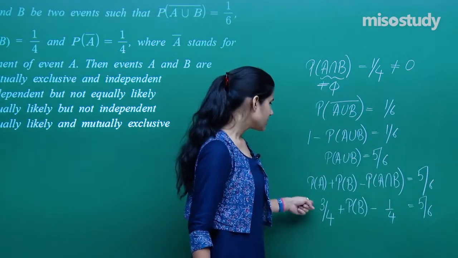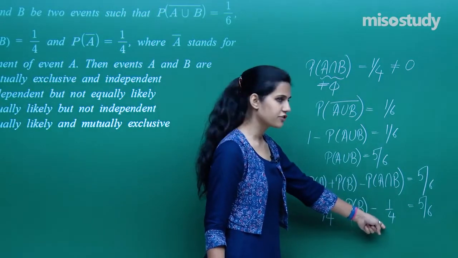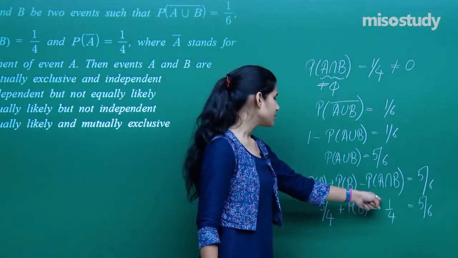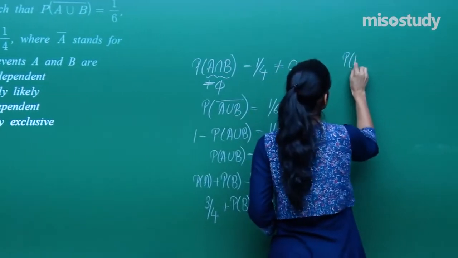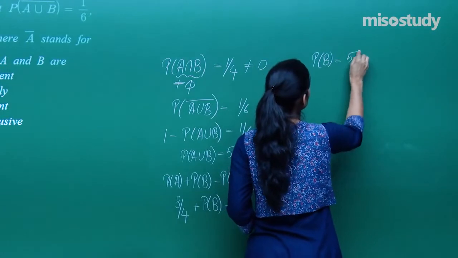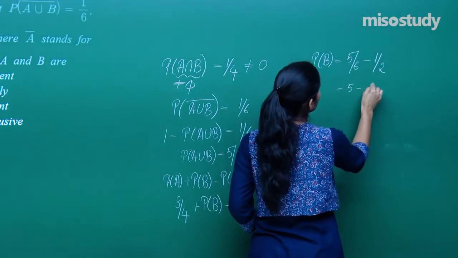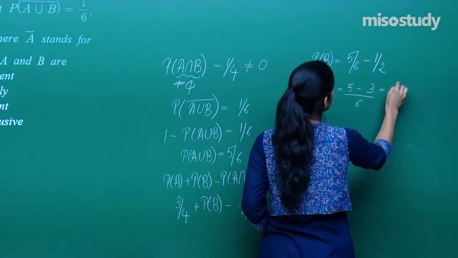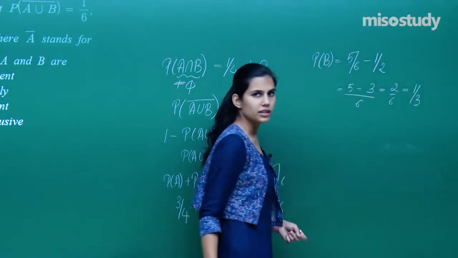So, this becomes probability of A plus probability of B minus probability of A intersection B. 3 by 4 minus 1 by 4, that is 2 by 4, which is 1 by 2. So, you get probability of B is 5 by 6 minus 1 by 2, which is 5 minus 3 by 6, which is 2 by 6, which is 1 by 3.